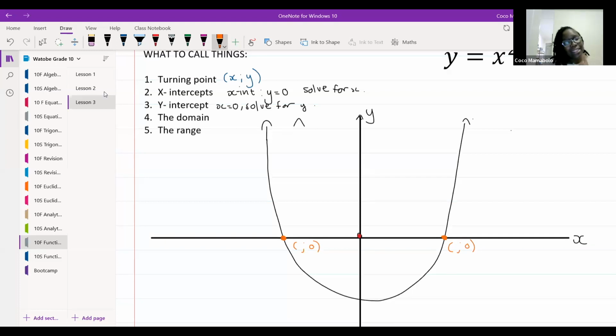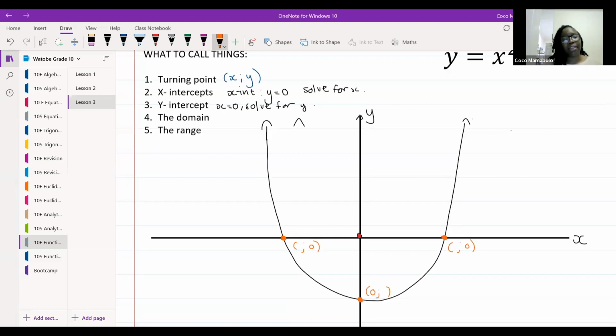My y-intercept, and the reason why I'm saying there's only one of them is because my graph is only going to cut my y-axis once at this point over here. At this point, my x coordinate will be 0, and my y value is the thing that we need to find.